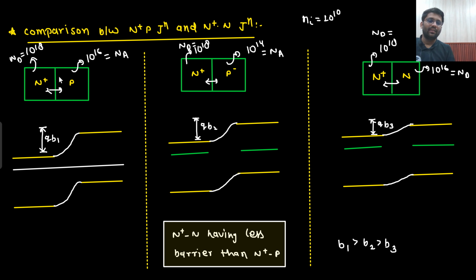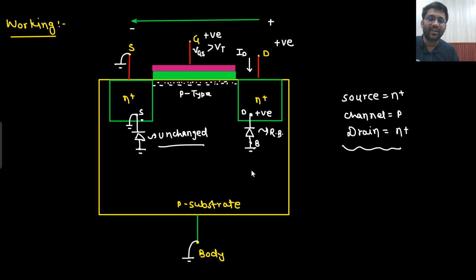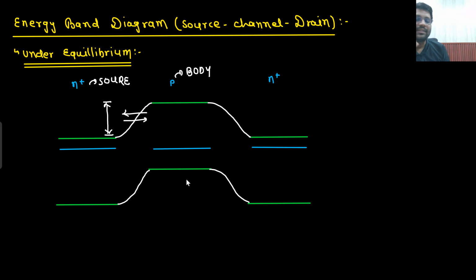The N plus P junction would have more barrier than N plus N. That means if I apply VGS greater than VT, then I will get a very thin layer of N type here, and this would become your N plus N junction. And if it is becoming an N plus N junction, then this barrier will be reduced.